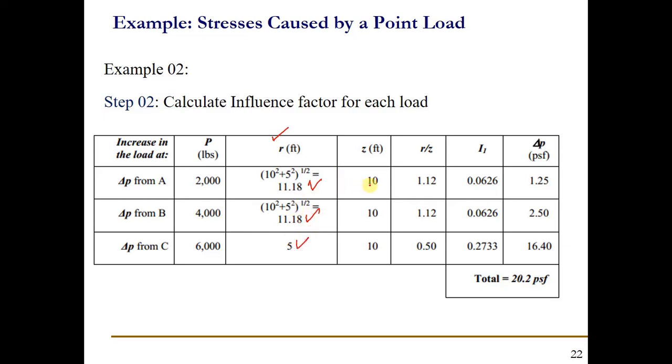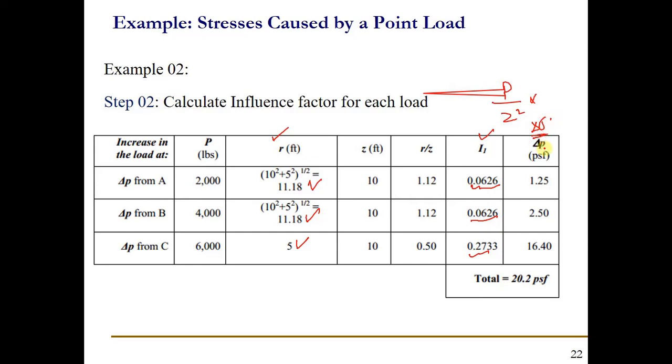You can find out R by Z, and using the figure or table, or you can straight away put those values in that equation as well. You can find out the influence factor, and once you get the influence factor, you can find out the delta sigma.